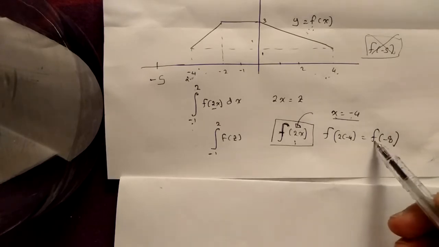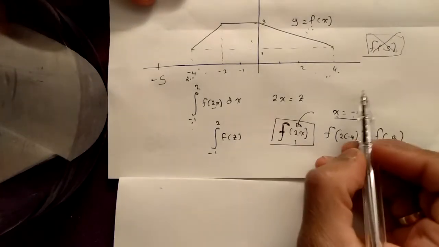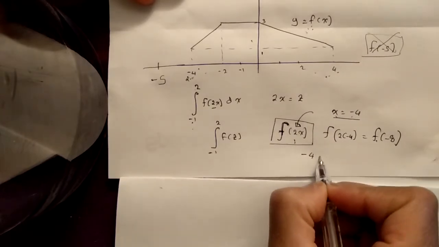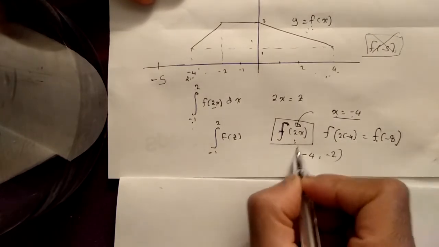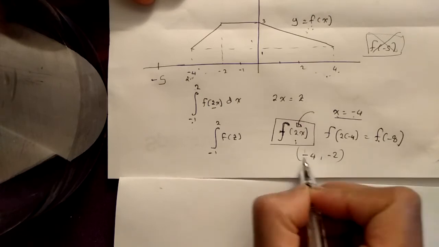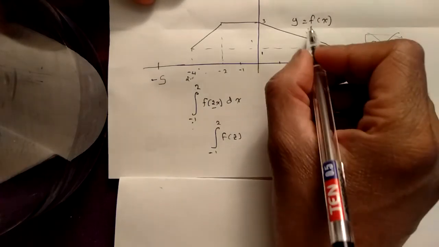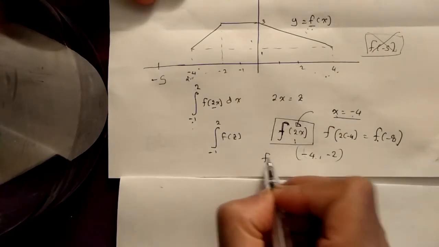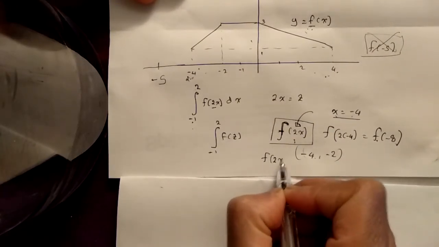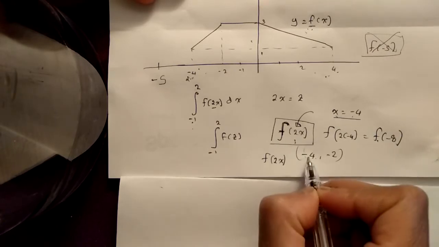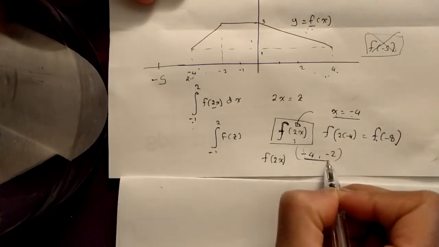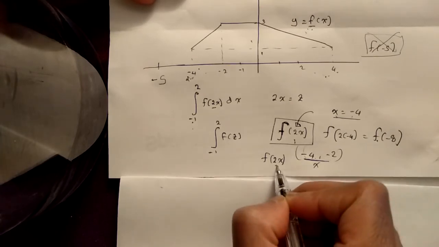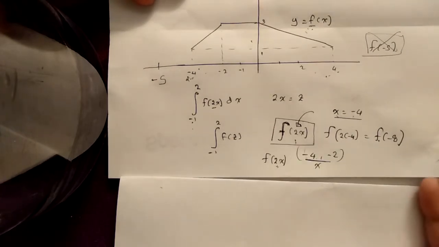So in a similar way, all the values from -4 to -2, although we can consider these values for f(x), we cannot consider them when the function is given like this, because whatever value you use here as x, when you input 2 times x, it will go beyond the domain.